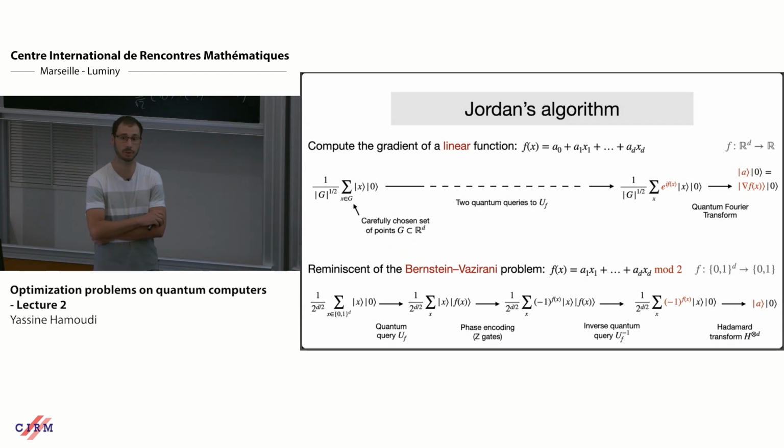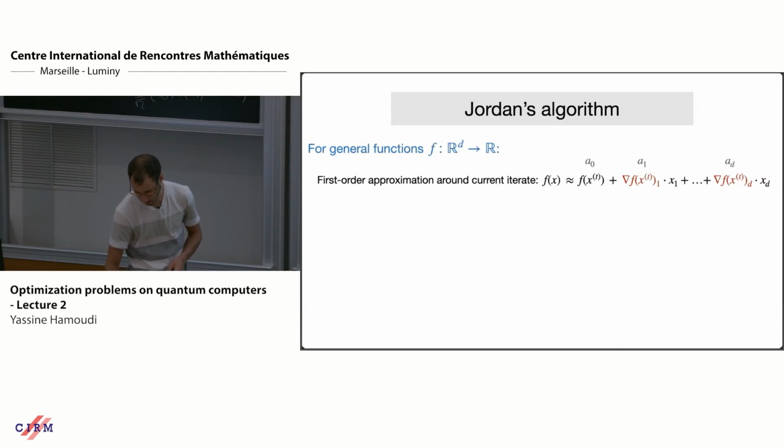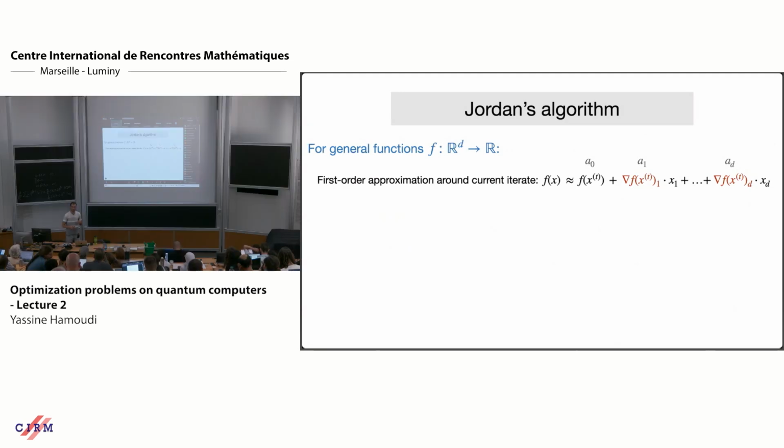The calculation is actually much more subtle than that, especially how to do the discretization. And the output is not exactly the gradient. It is the gradient up to some small error that depends on how good the discretization is.